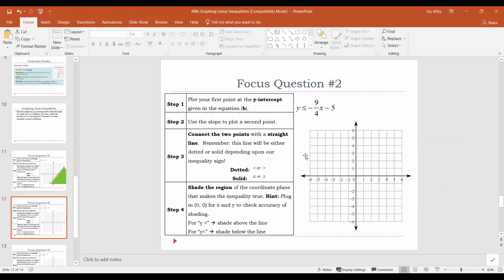So you've probably seen a variation of this inequality before, very similar to some equations that we've had. Solid line or dashed line? Yep, solid line, and it's going to be going up to the left.